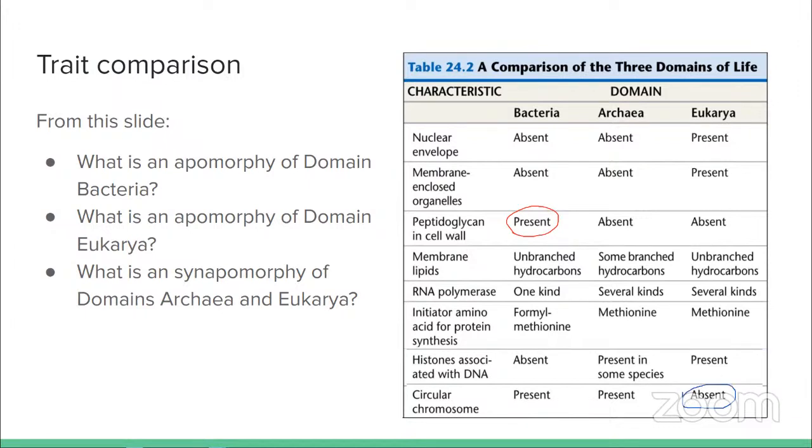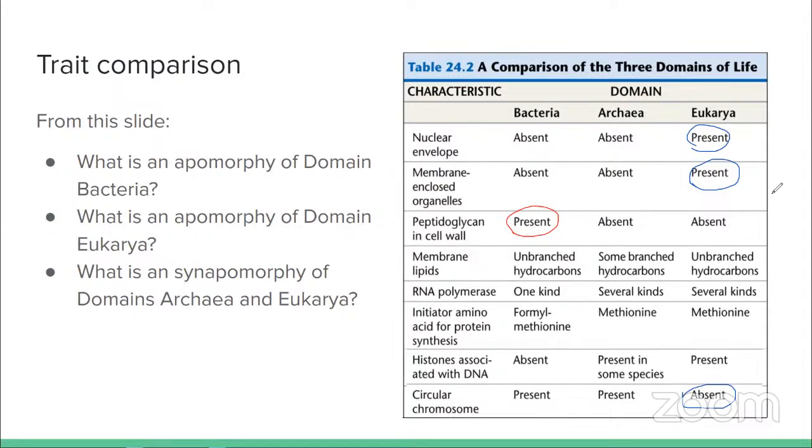What else do we see in eukarya? There can be a nuclear envelope. What else? Yeah, those membrane enclosed organelles. Okay. So these are all traits that we see only in the eukarya. So we're considering them apomorphies.